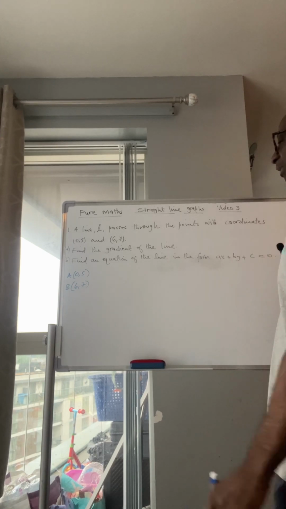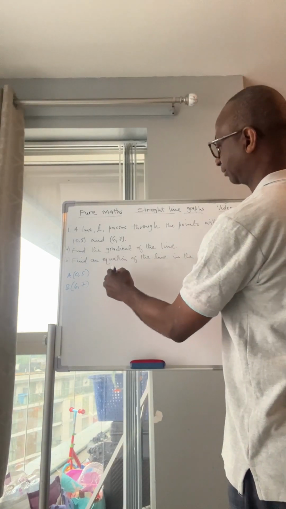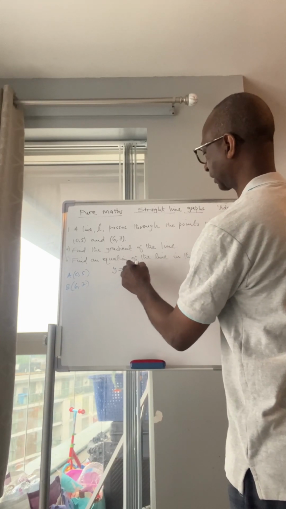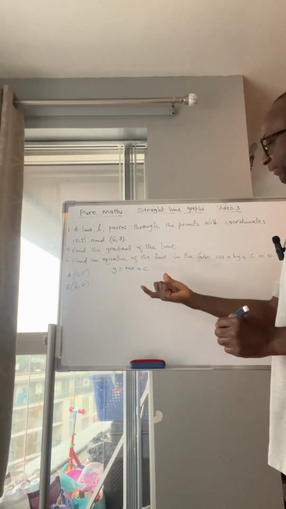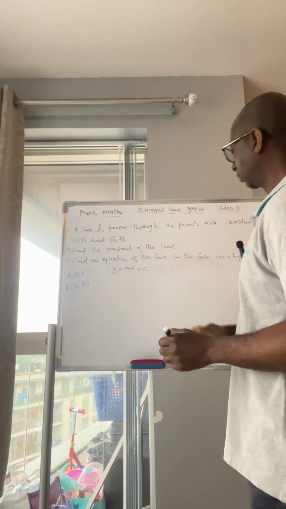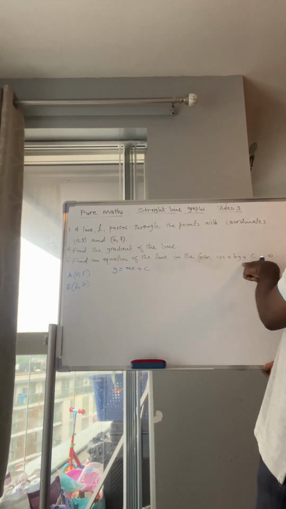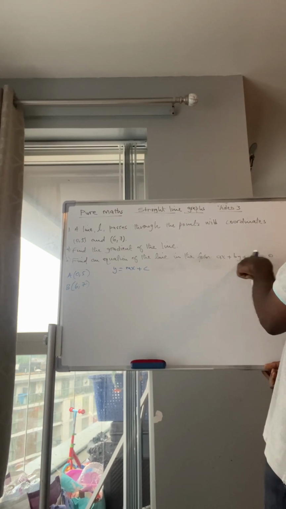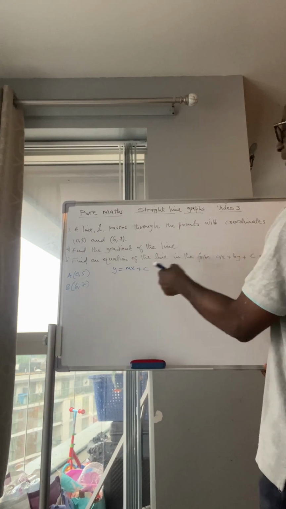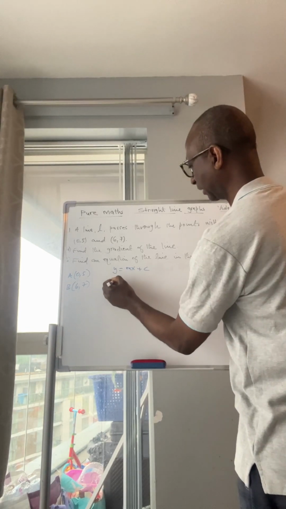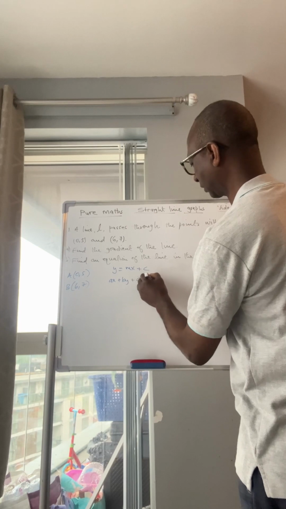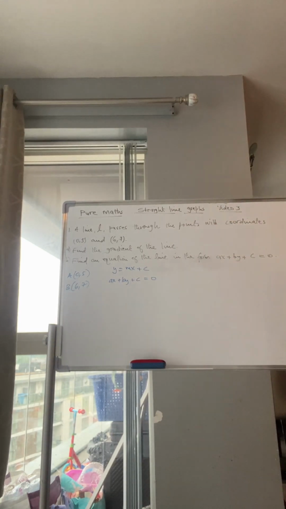First and foremost, the equation of a straight line is either y equals mx plus c, either it is given to you in this form, or as it is given here already in the question. This is how they want you to express the equation of the line. Or you have it as ax plus by plus c equals 0, where a, b, and c are real numbers.